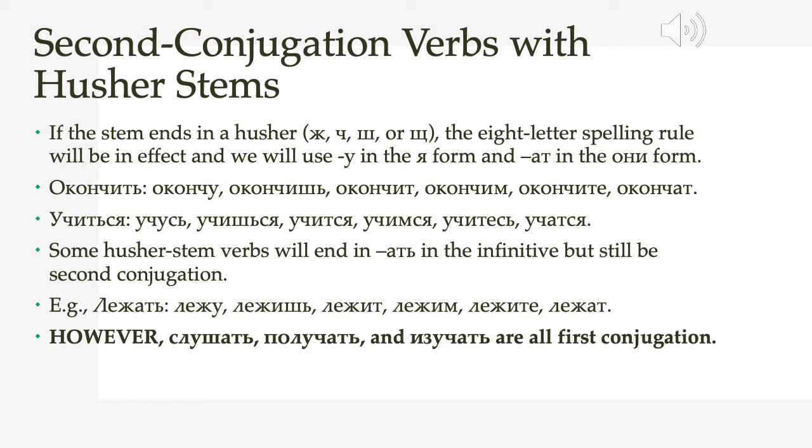But it's really important to note that you can't tell just by looking whether a verb that ends in a husher plus ать in the infinitive is first conjugation or second conjugation. So лежать, держать, and слышать are all second conjugation, but слушать, получать, and изучать are all first conjugation. You just have to know and memorize them on a verb-by-verb basis.